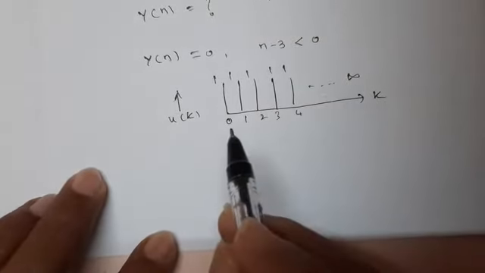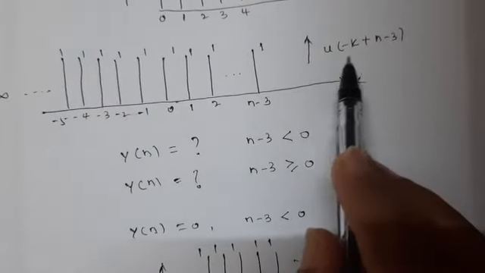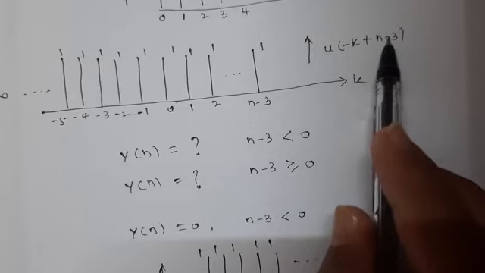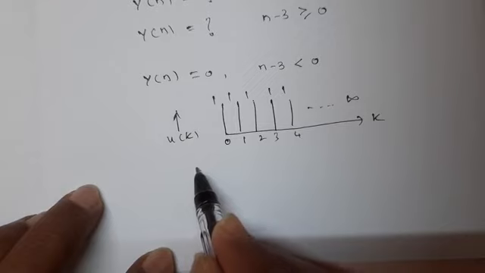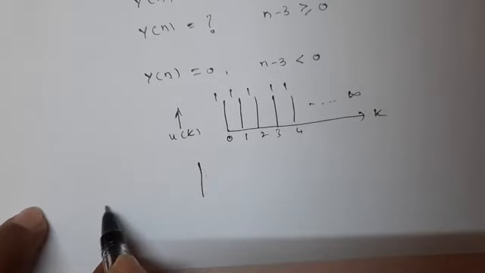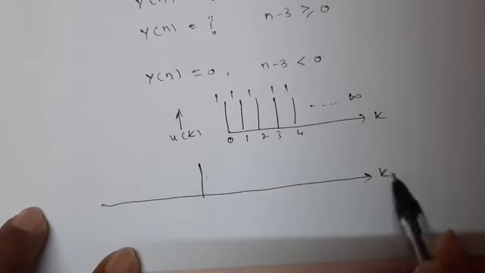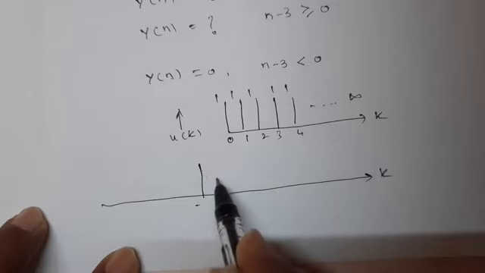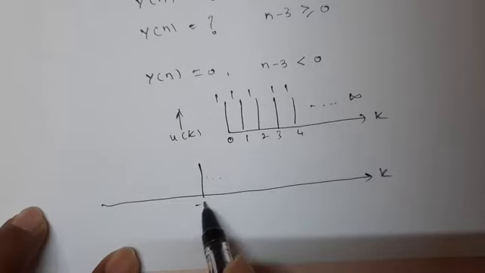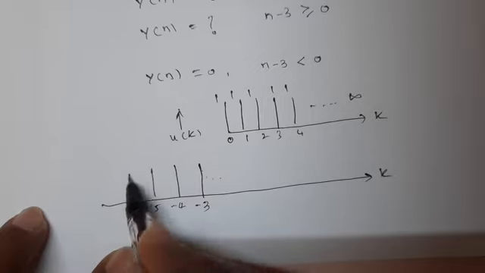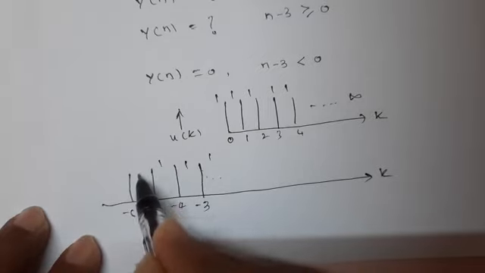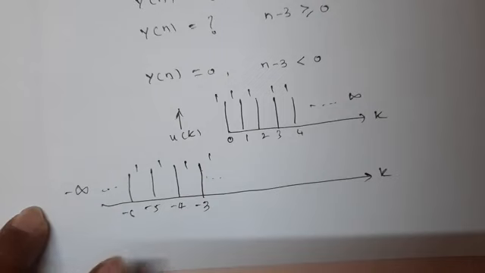Now the signal u of minus k plus n minus 3, where n minus 3 is less than 0, I will draw taking samples like this: minus 3, minus 4, minus 5, minus 6 with an amplitude 1 towards minus infinity.